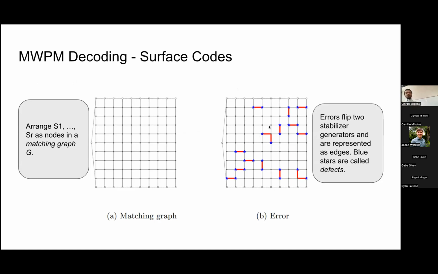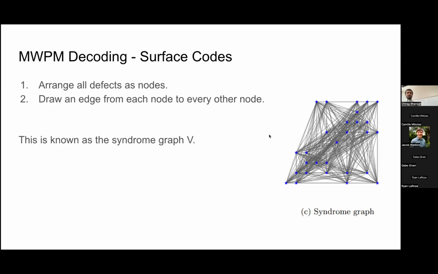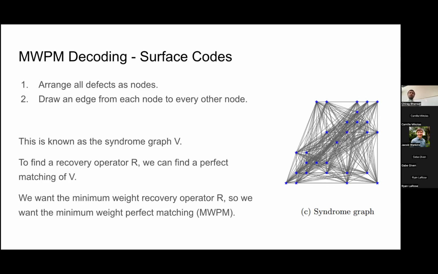Where some of these are adjacent to each other, there's no defect in the middle one because they cancel each other out. Now, what you do is arrange all the defects as nodes and draw an edge from each node to every other node, which makes it a syndrome graph. The aim is to find a recovery operator R, so that we can find a perfect matching of V. To do that, we use an algorithm such as the Blossom algorithm.